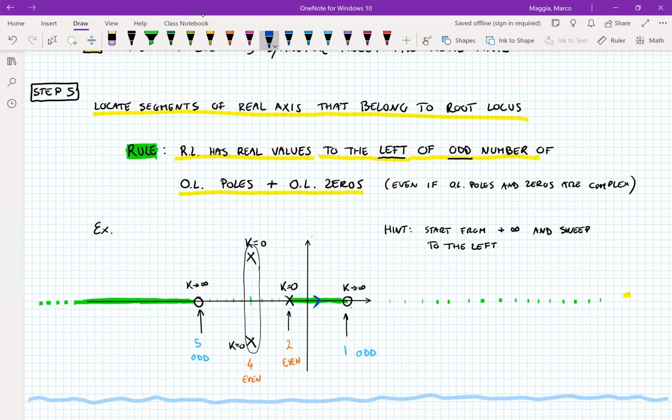And on this other branch, we're coming from infinity to reach our open loop zero. So in this case, the open loop pole would be at minus infinity. And again here, the arrow represents the direction of growth for the parameter k.